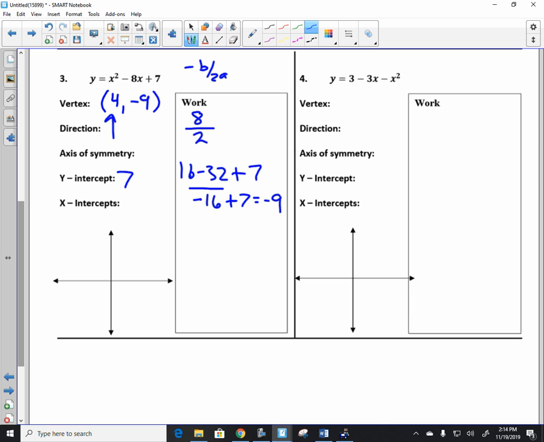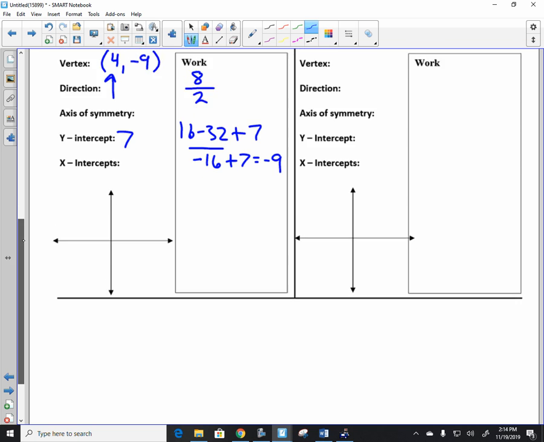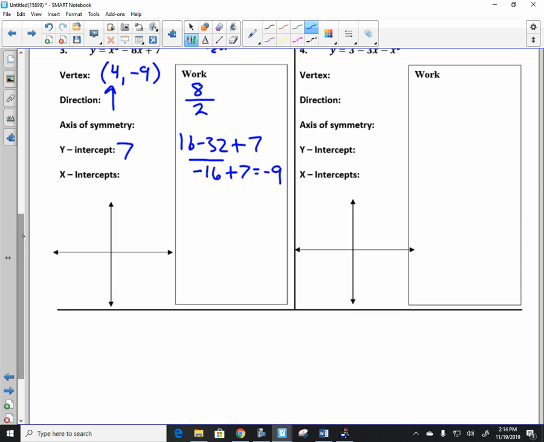Okay. Now, I've actually got most of the important parts figured out. So I'm going to start graphing this, and we'll do the x-intercepts last. So I'm going to make a 10 by 10 graph. I'm going to go by 2s. So I'm over 4 and I'm down 9.